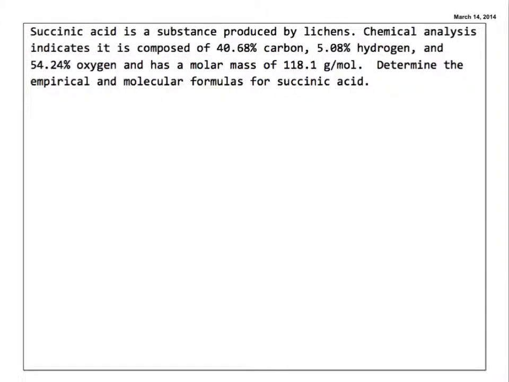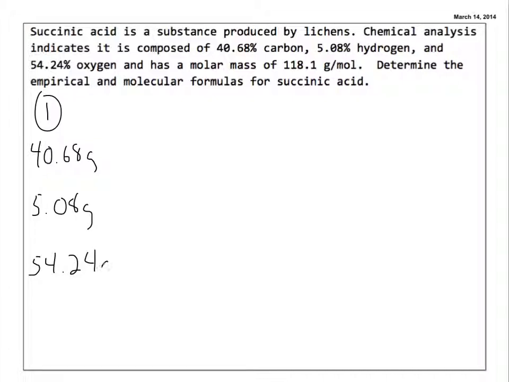Okay, so one more problem on this. We've got the percentages, so we're going to have to do the empirical formula first. 40.68 grams of carbon, 5.08 grams of hydrogen, and 54.24 grams of oxygen.